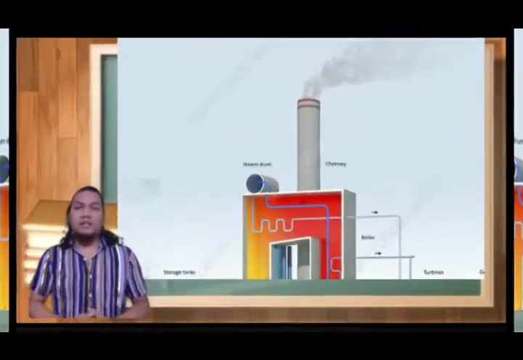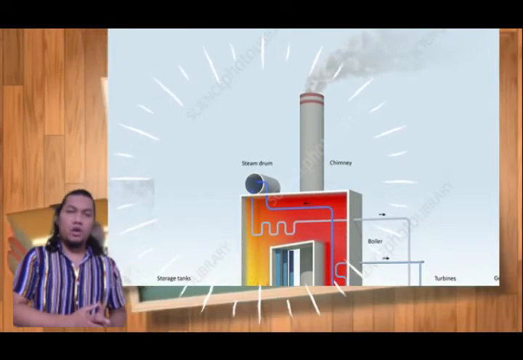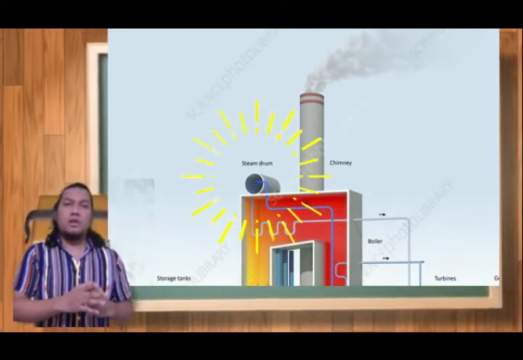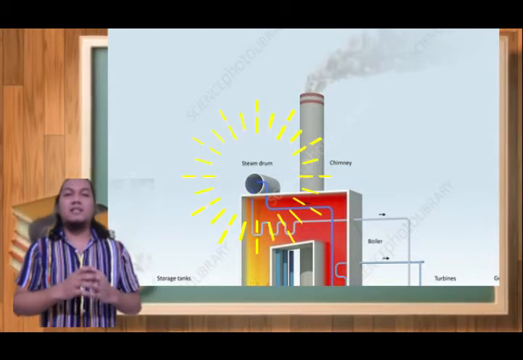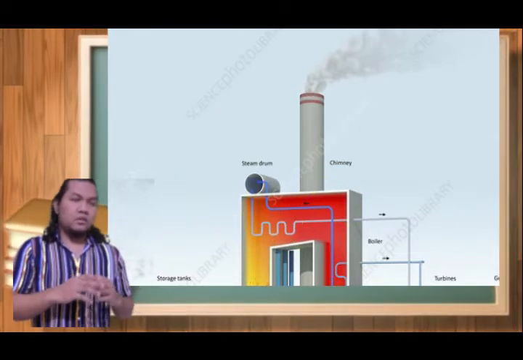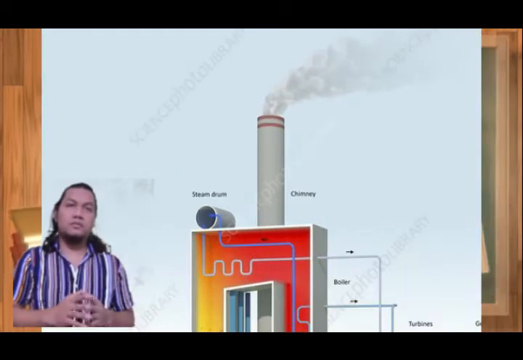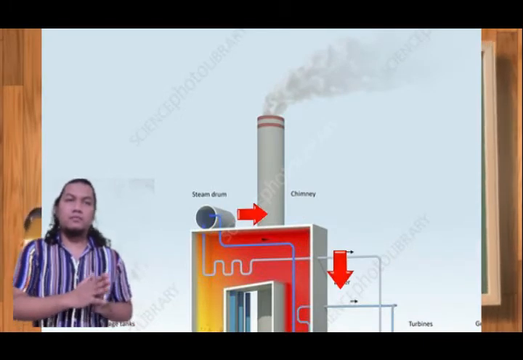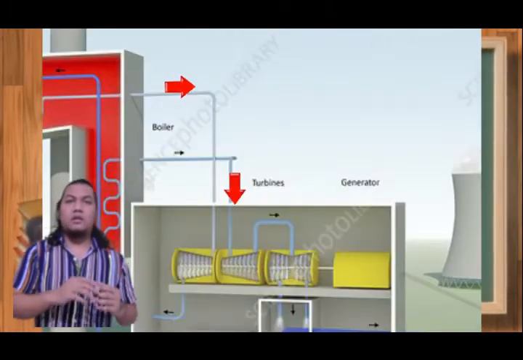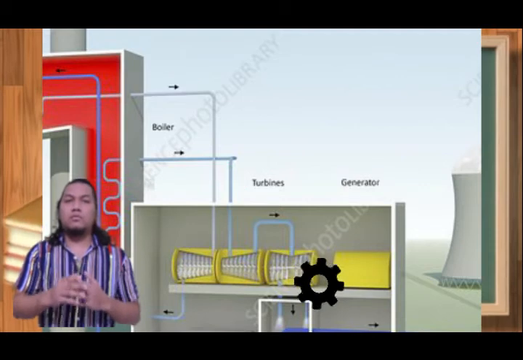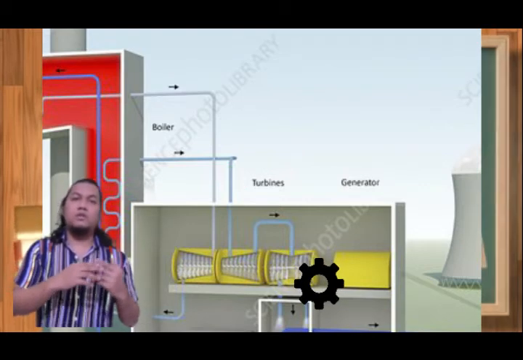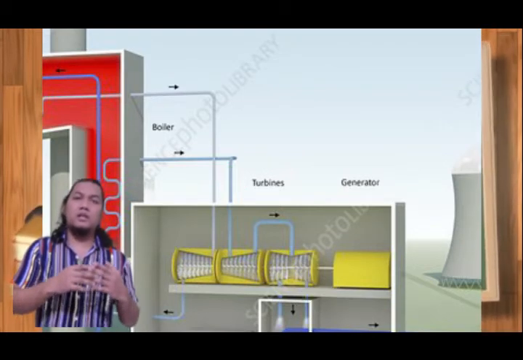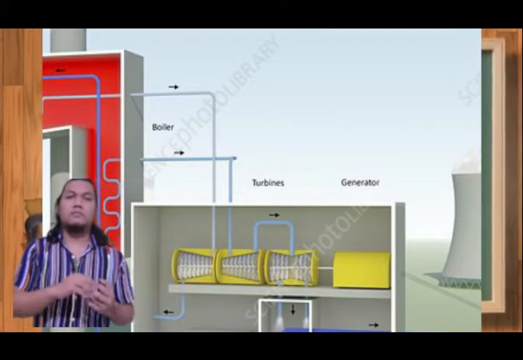The heat from the burning oil will boil the water in the steam drum. The resulting steam is piped to the turbines, which are connected to the generators where electricity is generated.